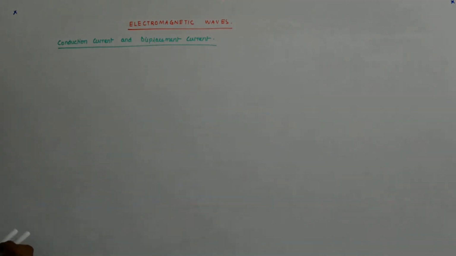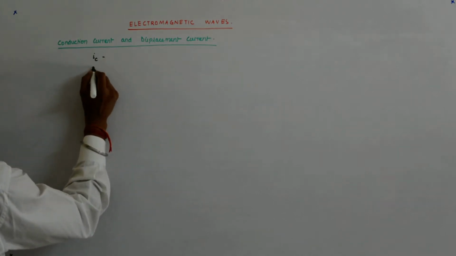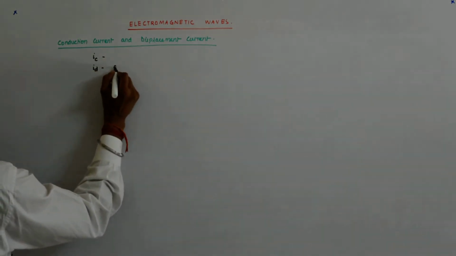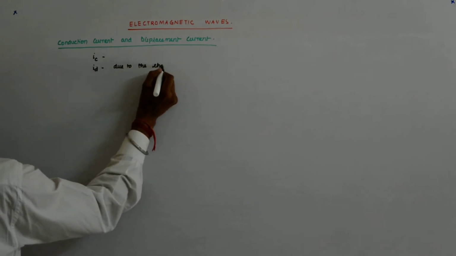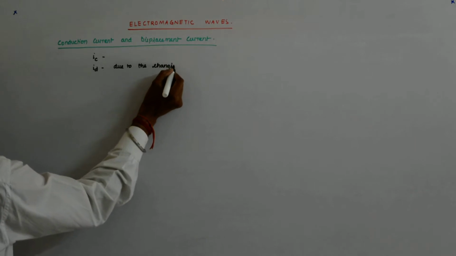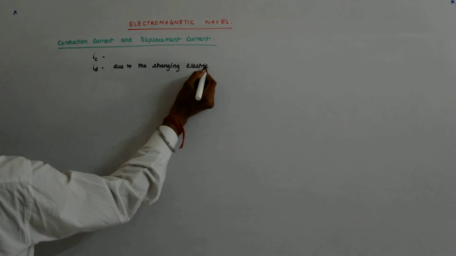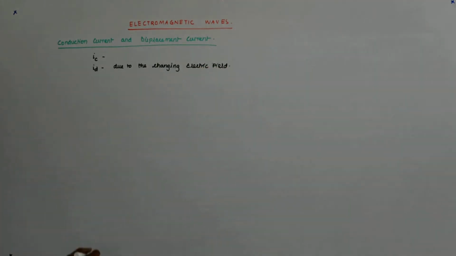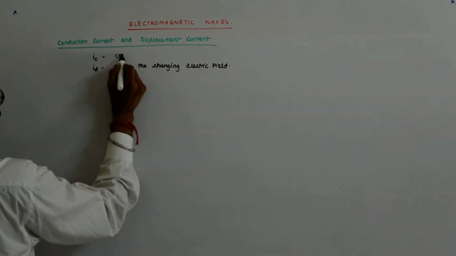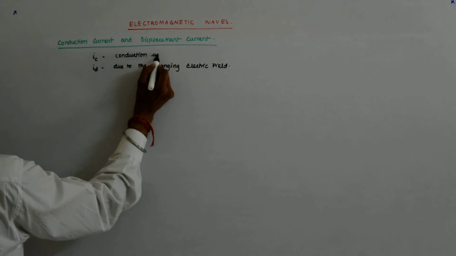One we named IC, another we named ID, and we saw that this is due to the changing electric field, and this is the normal conduction current.